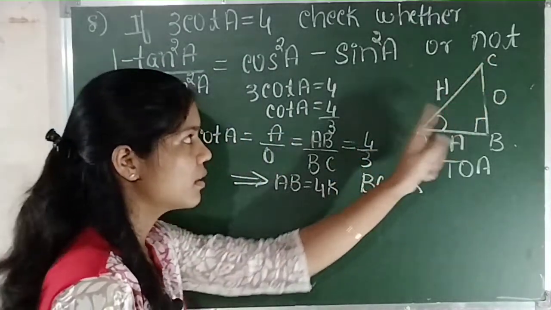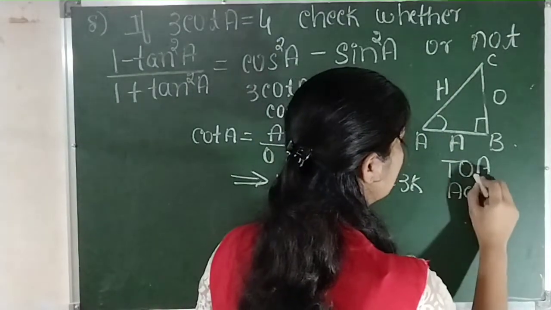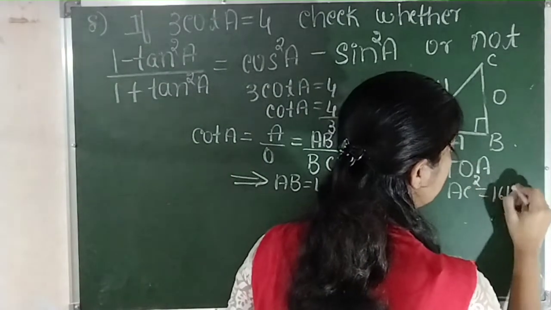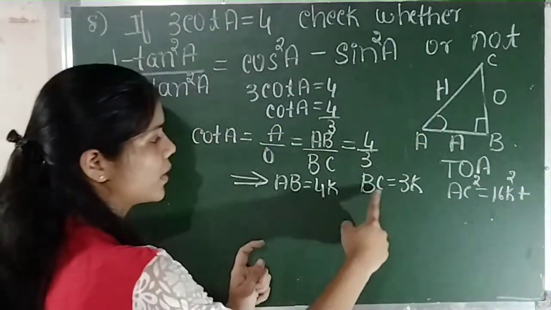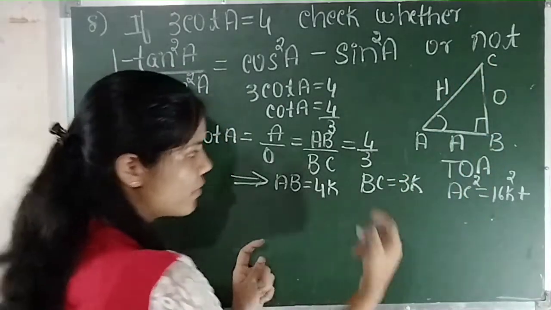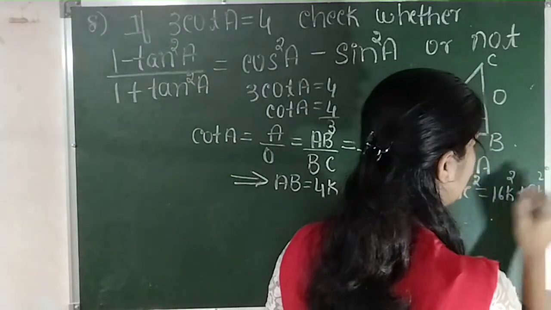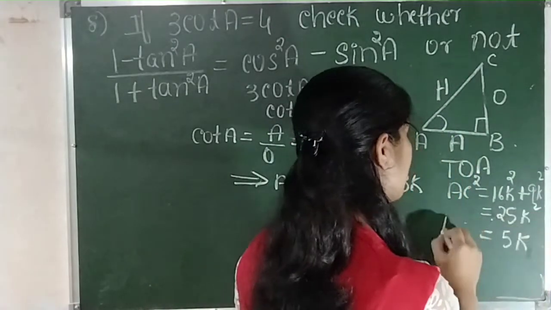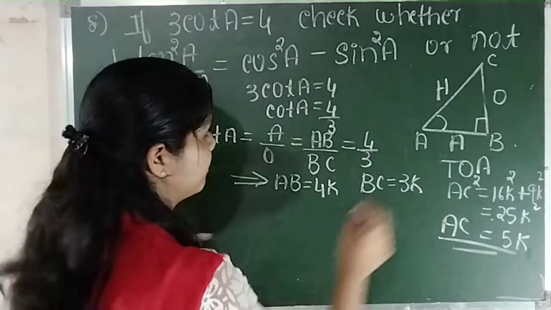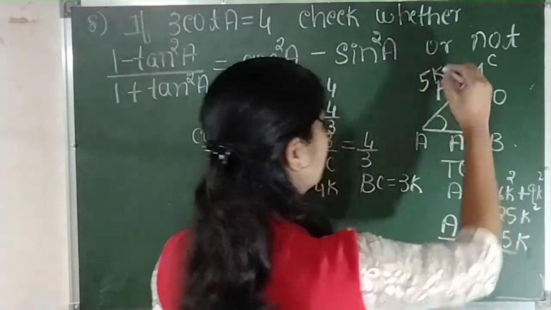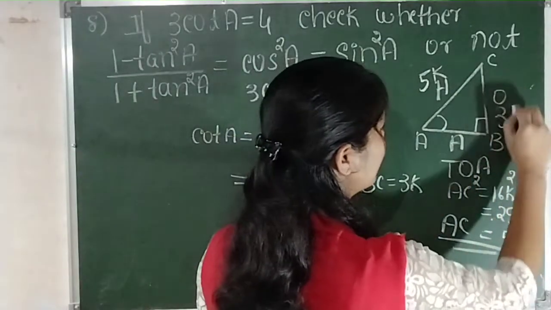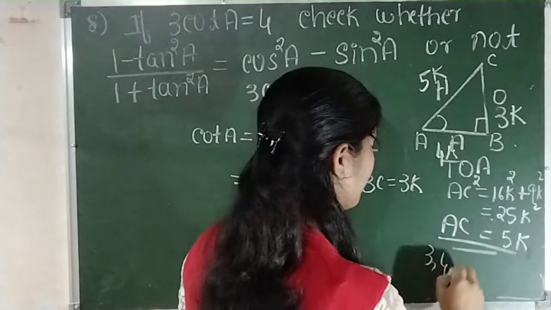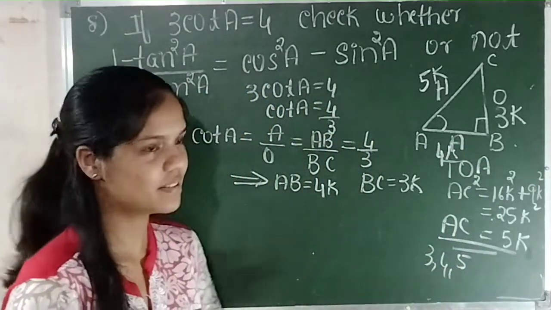If you apply the Pythagoras theorem, AC square is equal to AB square, which is 4K square, that is 16K square, plus BC square, which is 3K square, that is 9K square. This is equal to 25K square, that is 5K. So the value of AC is 5K. BC is equal to 3K and this one is 4K. We know that 3, 4, 5 are Pythagorean triplets.